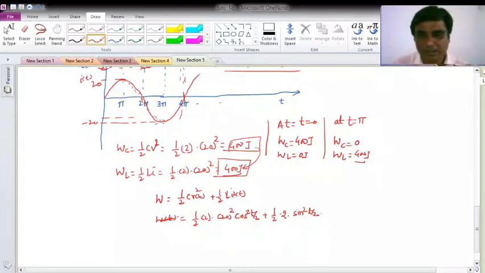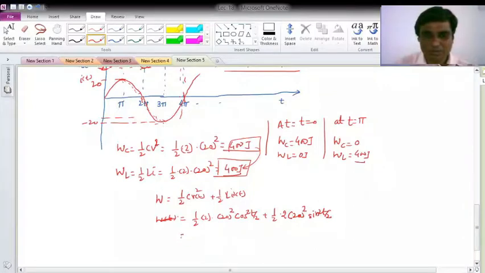Sorry, L is given, so this will not come. So this will be I is 20 square and sine square t by 2.